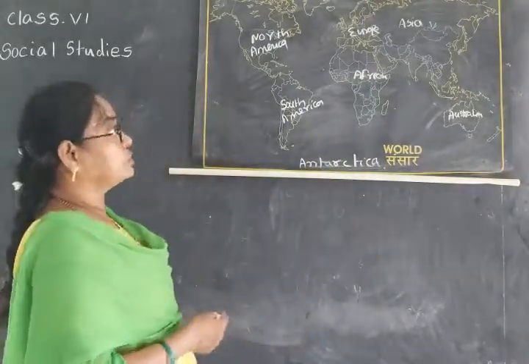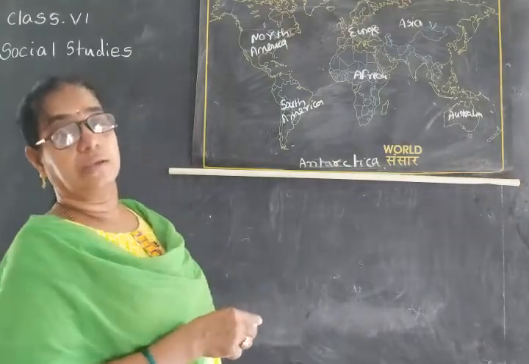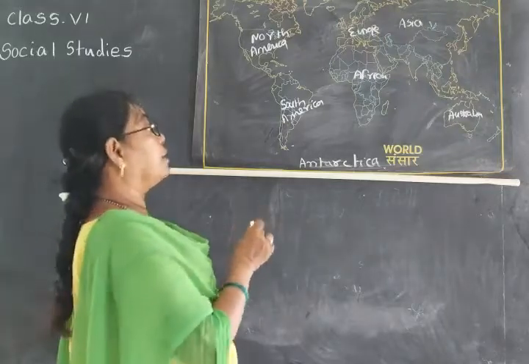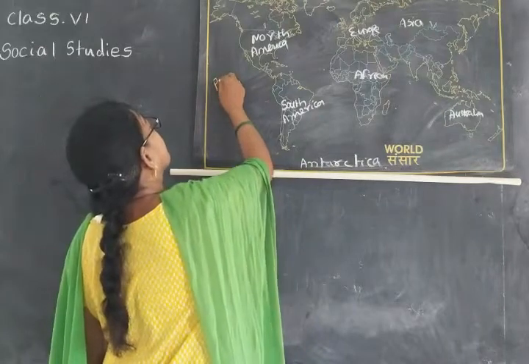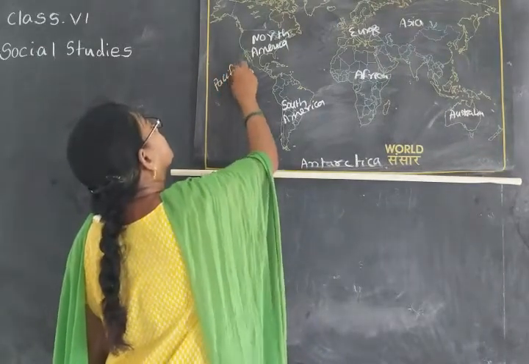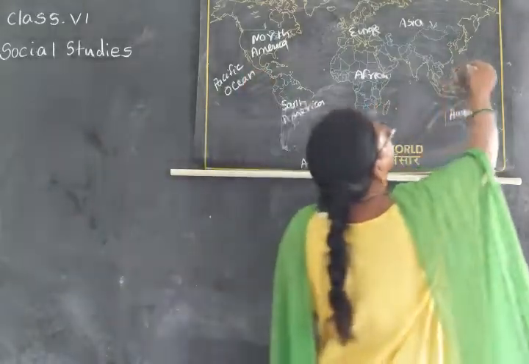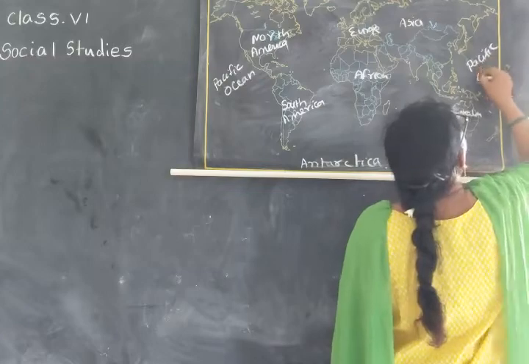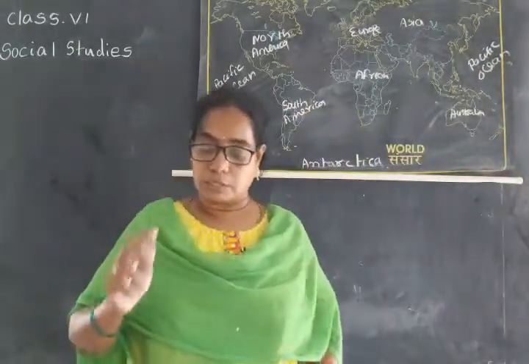Next one is oceans. I told you 4 oceans, and another part of the oceans is also called the Antarctic Ocean, which I am going to explain. First one is Pacific Ocean. Everyone gets one Pacific; 2 Pacific Oceans are not there.